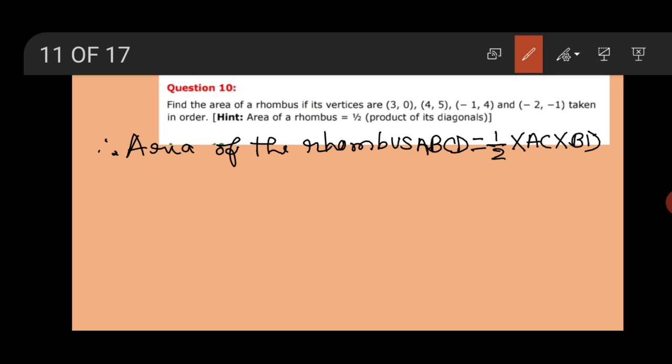Formula is half into product of diagonals AC into BD. So substitute the values. AC is equal to what? Already found. It is 4 root 2 into BD, which is what? 6 root 2.